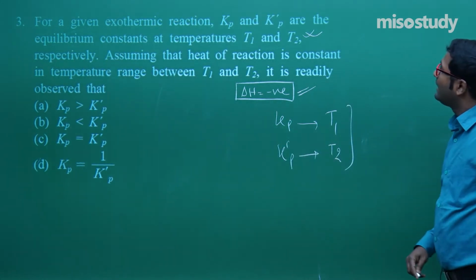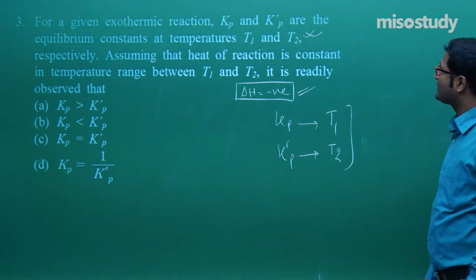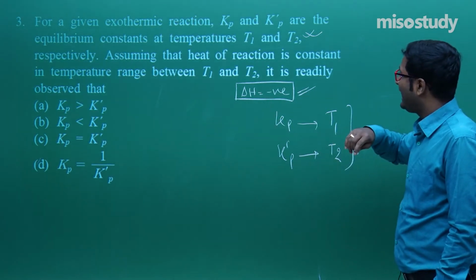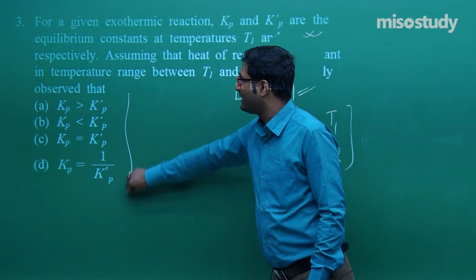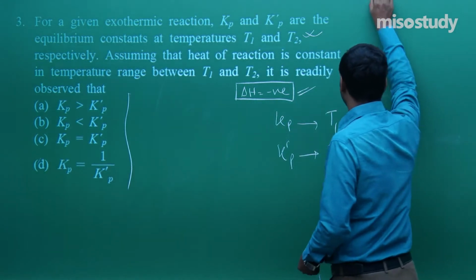Clear to you? Now, assuming that the heat of reaction is constant in the temperature range between T1 and T2, then what is the relation between Kp and K dash p? Clear to you? Look at what I am telling. Do you remember?